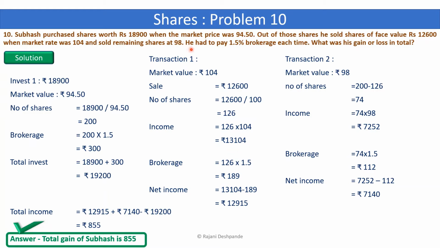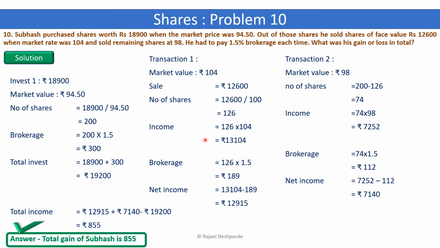But here also he has to pay 1.5% brokerage. So again 1.5% of 100 is 1.5 rupees. So for 126 shares he pays a brokerage of rupees 189, since 126 into 1.5 is 189.